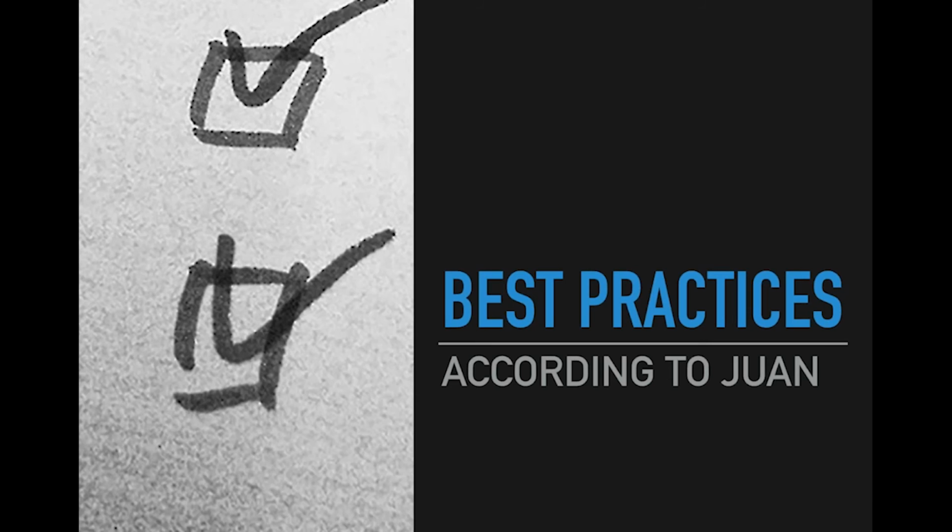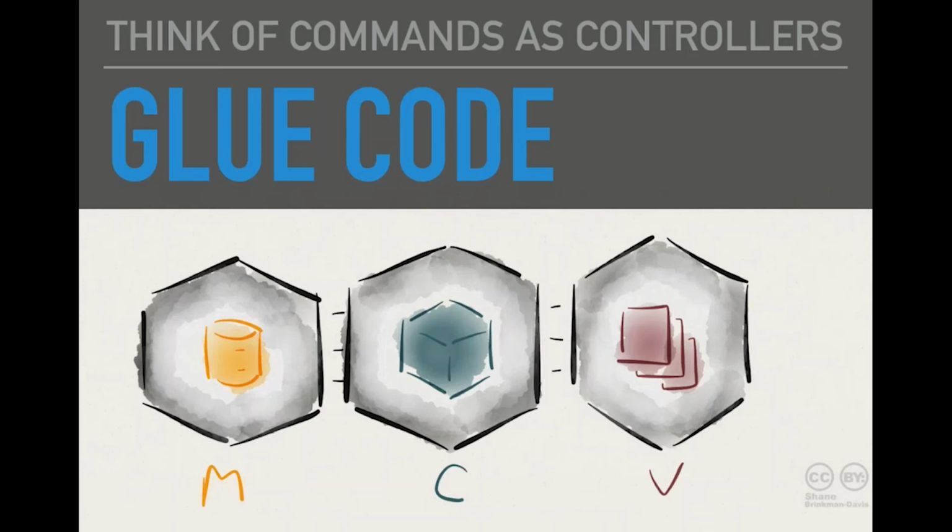So in just a few lines of code, we were able to create a very nice application. We didn't have to write a lot of boilerplate code and could focus only on things that matter. Now, these are some best practices that I've personally learned over the years using these particular components. The first one is think of commands as controllers in an MVC framework.